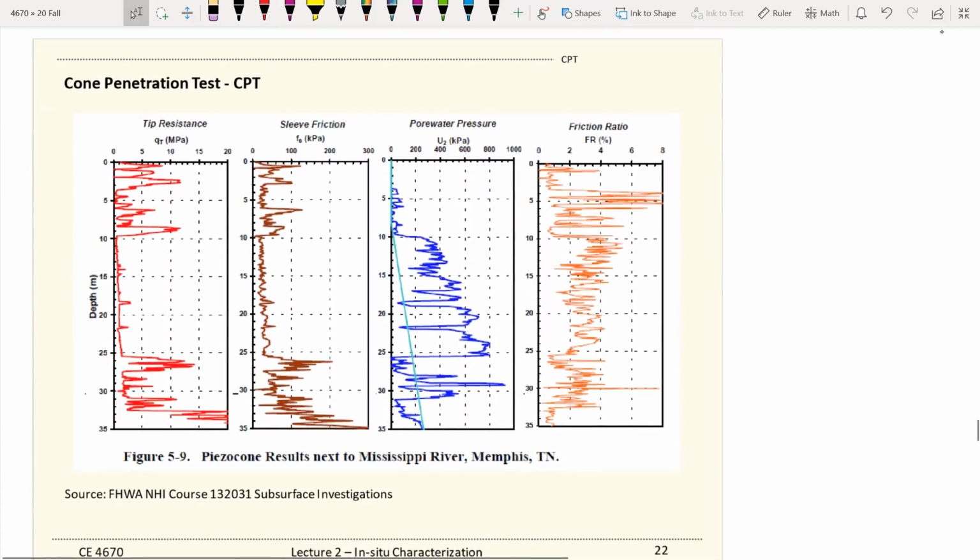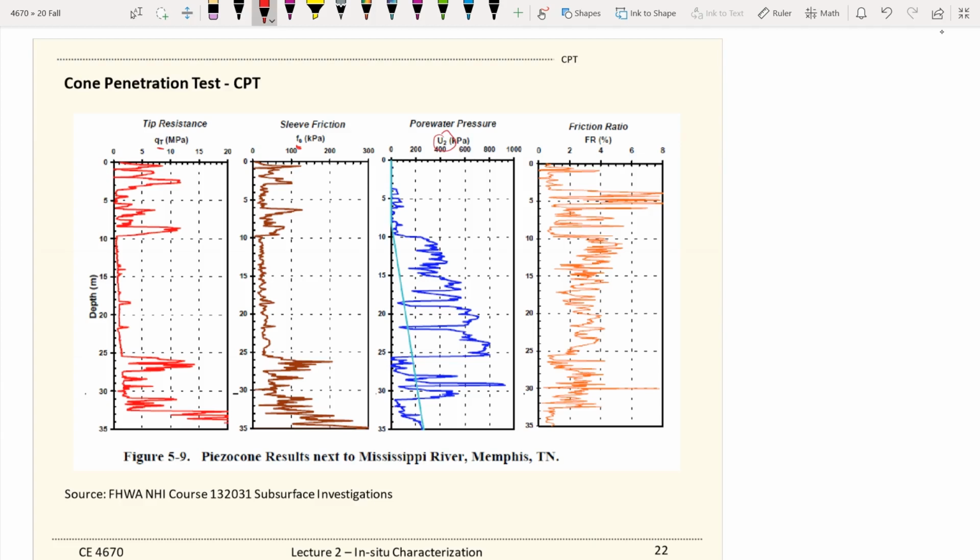So this is how the results look. Again, we have a couple of measurements. We can measure the tip resistance, and also the side friction, the sleeve friction right here. And with our pore pressure sensors, we can also record the pore pressure.